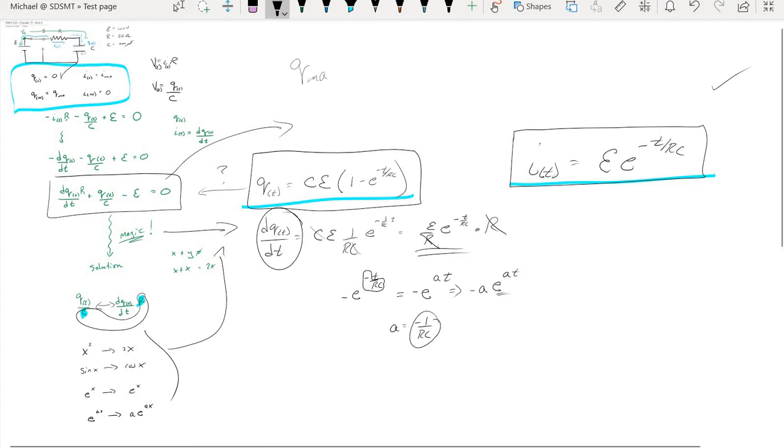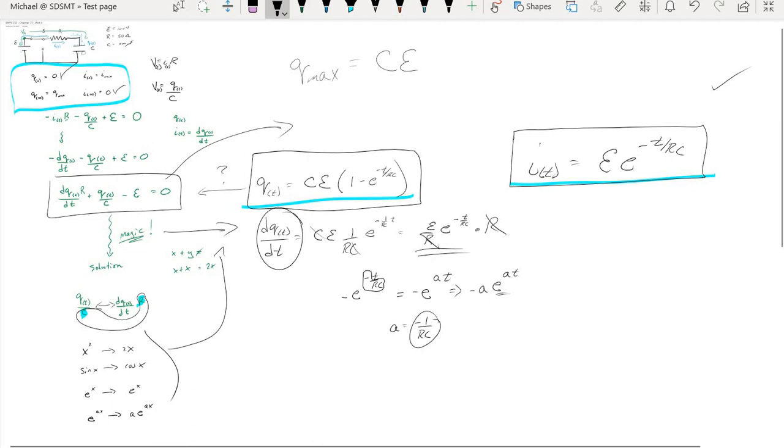The max charge that we will expect on that capacitor is equal to CE. At infinity, we expect the current to be 0. So we'll let time go to infinity with our current function. e to the negative infinity goes to 0, so the whole thing goes to 0, and yep, that checks out as well.